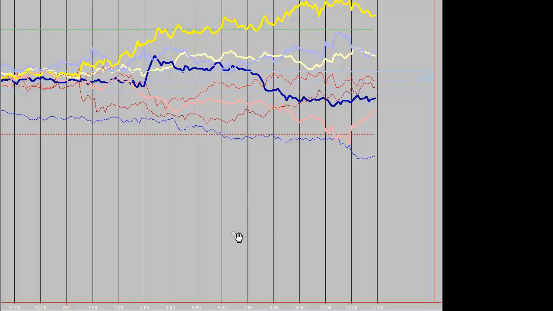Looking at various time frames, we reached the conclusion that perhaps the CAD CHF pair might be the best pair to trade compared to all the other major crosses.